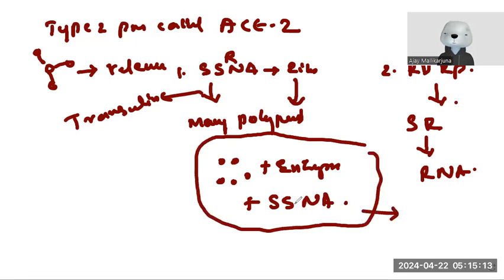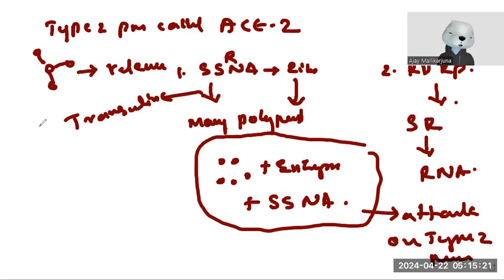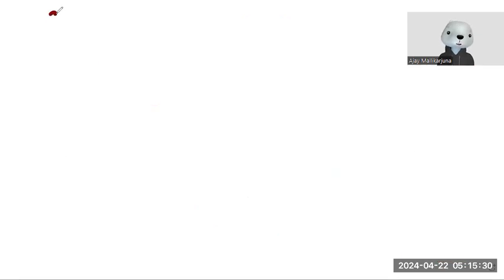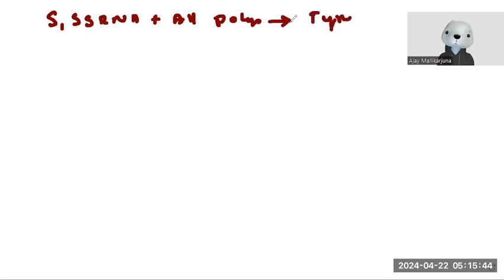They will attack the type 2 pneumocytes that are present in the alveoli. So what happens? Let's see. All these spike proteins, single stranded RNA, and all polyproteins attack the type 2 pneumocytes that are present in the alveoli.